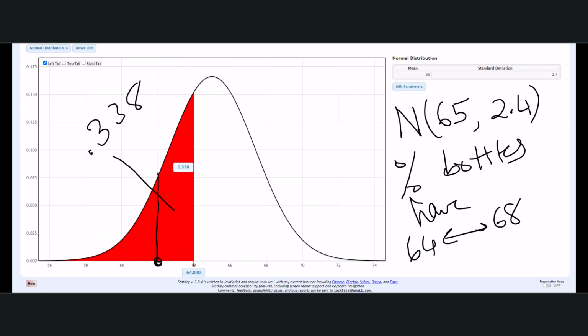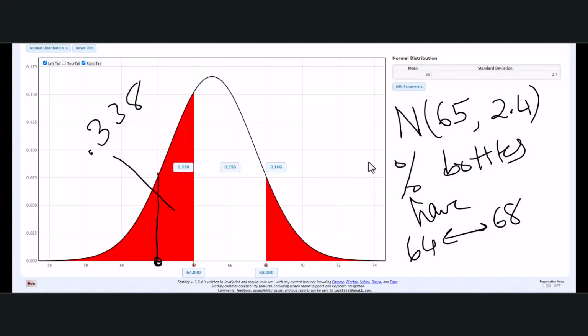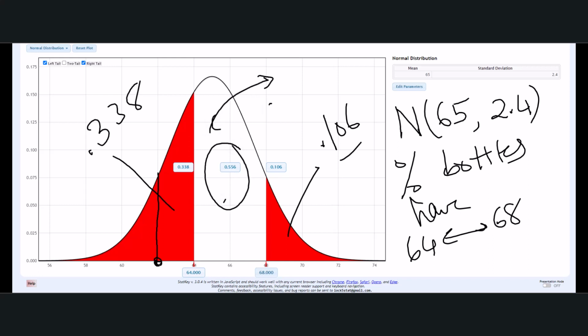And then we can ask it for the area to the right of how much? 68. Okay, so let me print 68 here. I put enter here, and what it shows me is that 0.106 is to the right, and now it also gives us the area in between these two, that is 0.556.